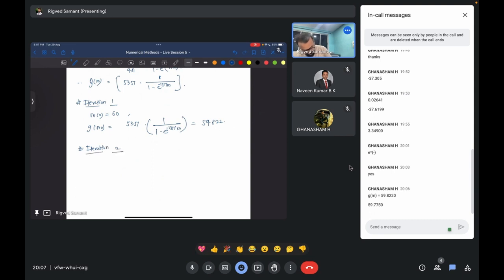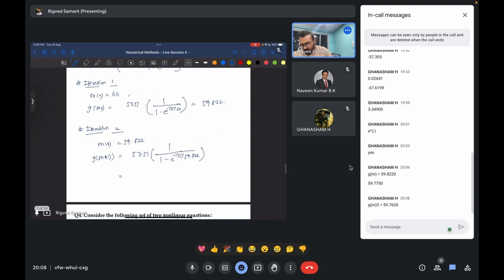Iteration 2 would be m of 0 equals 60. This is m of 1, no? So here it would be 50. You consider this as m of 1, 53.51 into 1 divided by 1 minus e raised to minus 135 divided by this 59.822.